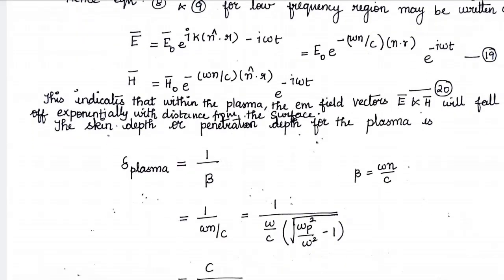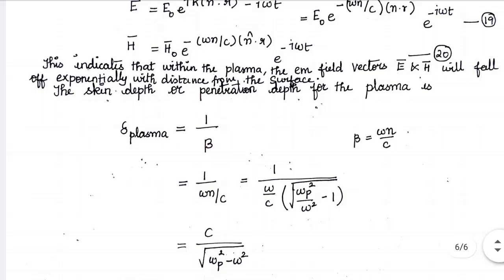Now let us check for the skin depth or the penetration depth of the plasma. So delta plasma is nothing but the skin depth, which is given by 1 divided by beta. The value of beta is omega n by c. Substituting it, we get 1 divided by omega n by c.